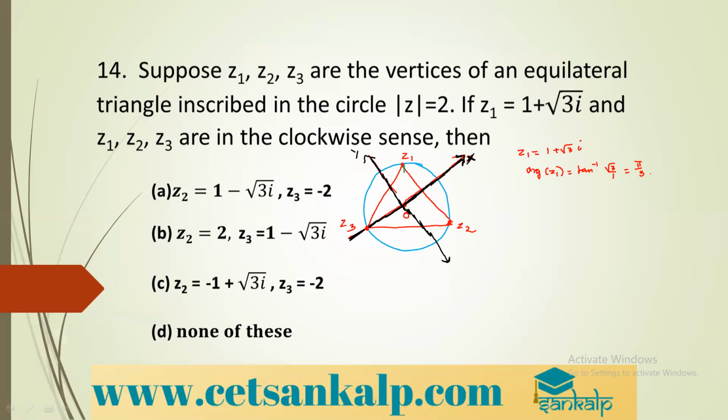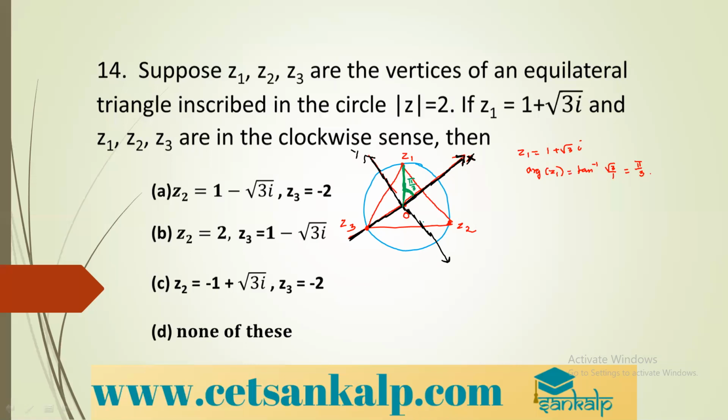If I join Z1 and O, this is the argument, and this is pi by 3, 60 degrees. This is argument of Z1. Z1 is joining to origin. That is why I am taking like this. Is that clear? Argument means angle with x-axis.